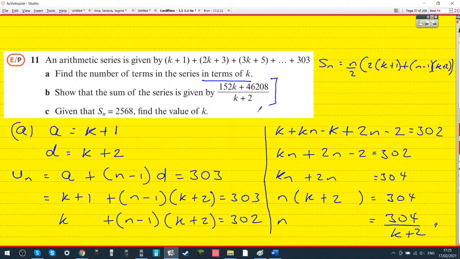So how do we eliminate n? It's because in part A, what did we say n was the same as? 304 over k plus 2. And how can we use that?